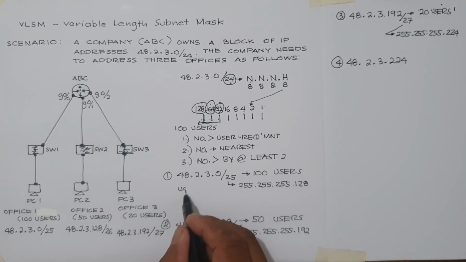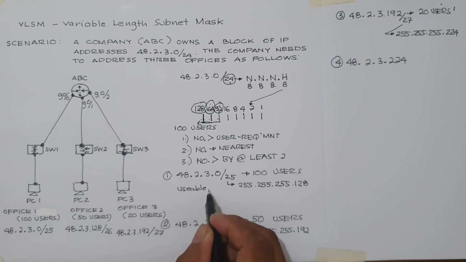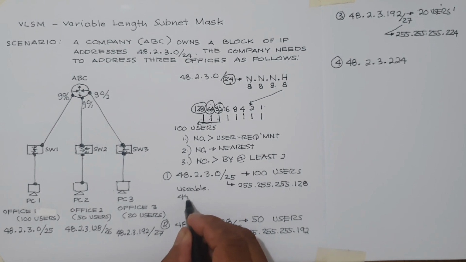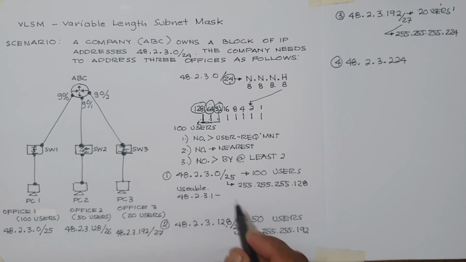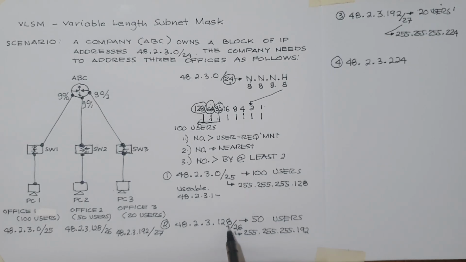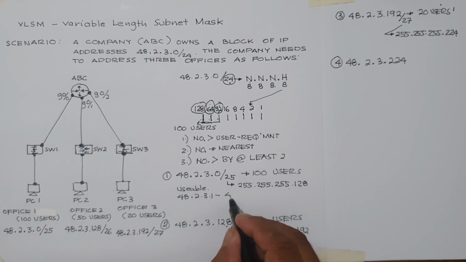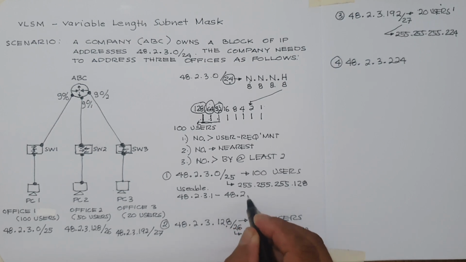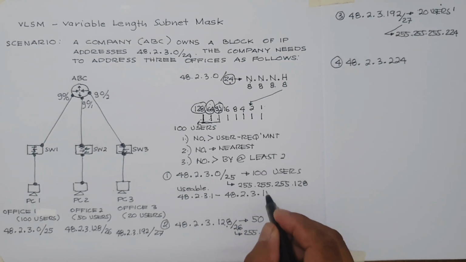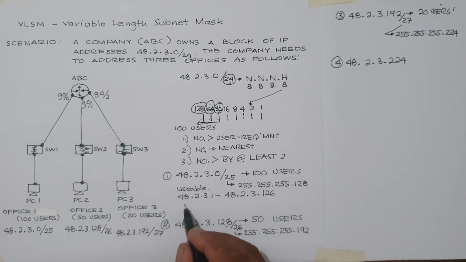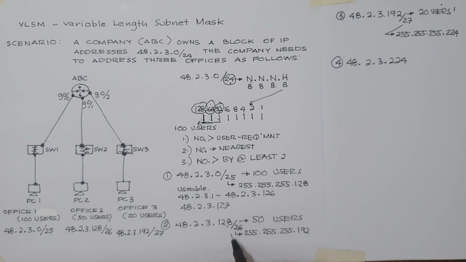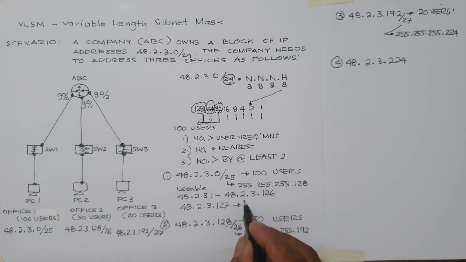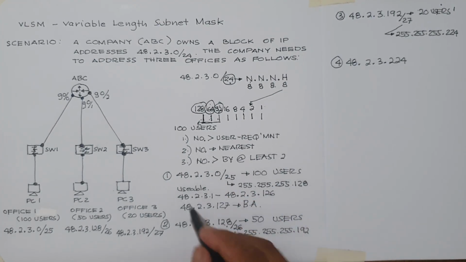So for usable, it should start from 48.2.3.1 up to the second to the last before this next subnet, and that will be 48.2.3.126, because the last IP, 48.2.3.127 before 128, is the broadcast address of this network.